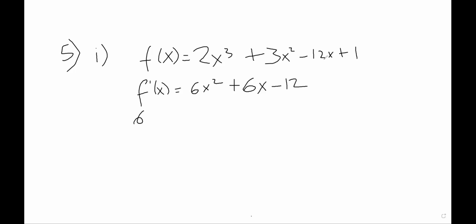So we equate the function to 0. We have 6x squared plus 6x minus 12 equal to 0, right? But if you realize, this function can be broken down into a smaller function. Each value is divisible by 6.